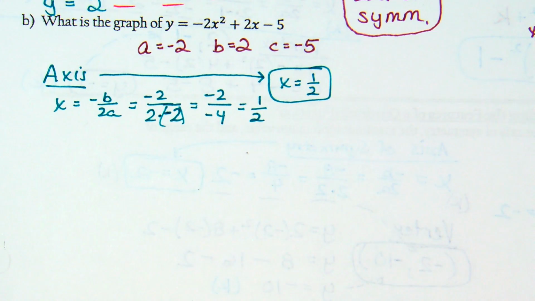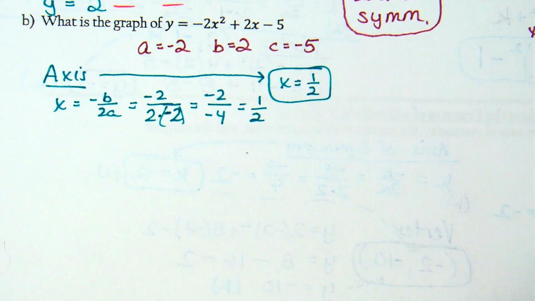Okay. What do I do with that axis of symmetry? Okay. So it is the first half of the vertex. So next step is to find the vertex. What I know right now is that my vertex is 1/2 comma something.